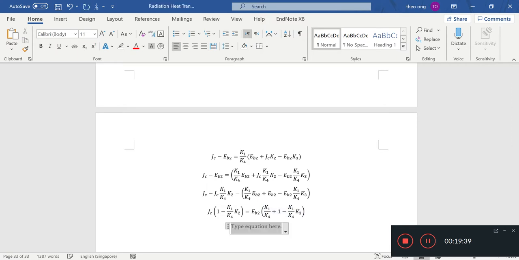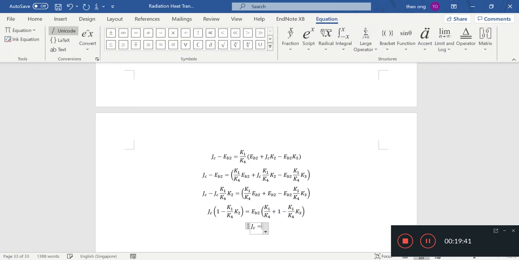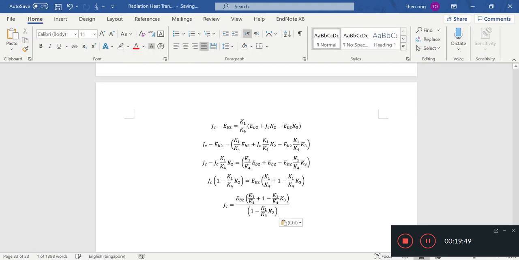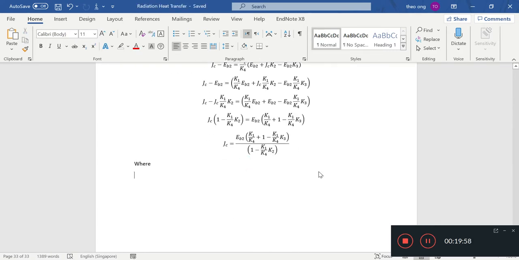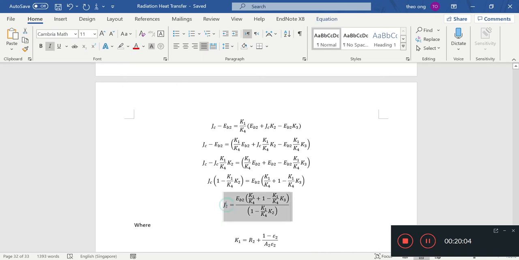So what we are left with is JC equals EB2 times all of this divided by all of this, and then we can write where K1, K2, K3, and K4 are as follows. Okay, so that's where we find our JC.